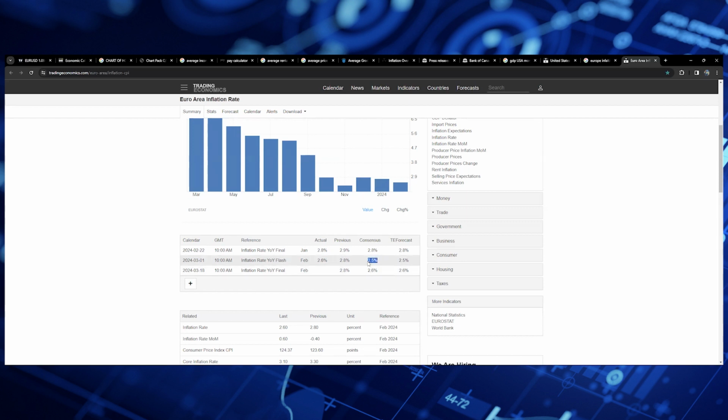Here, the consensus was at 2.5 and the actual came in at 2.6%. So it came 0.1% higher than expected. This is year over year. And it's really interesting to see how Lagarde will address this, because it came 0.1% higher than expected.